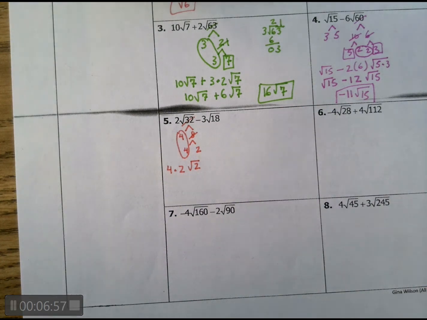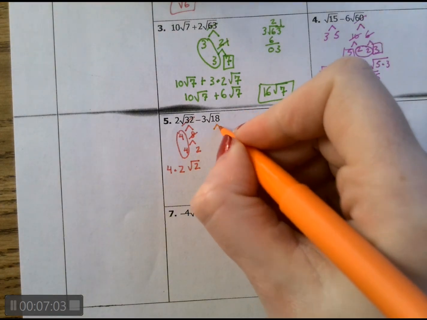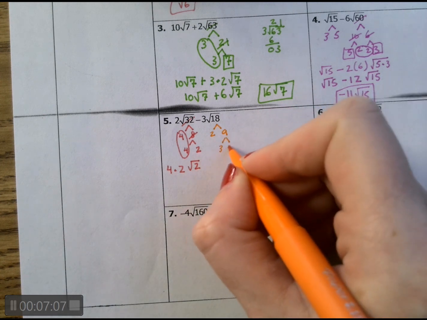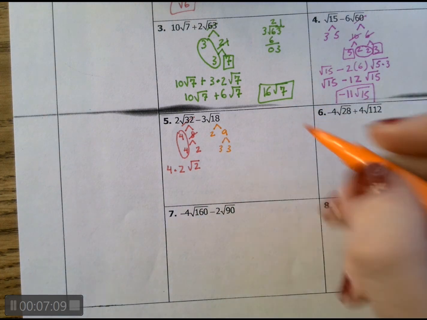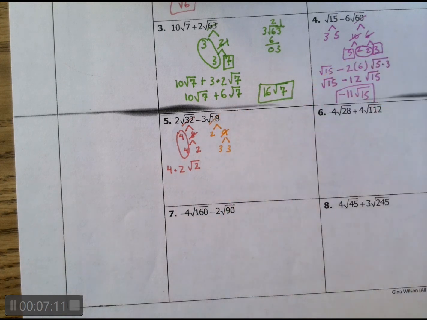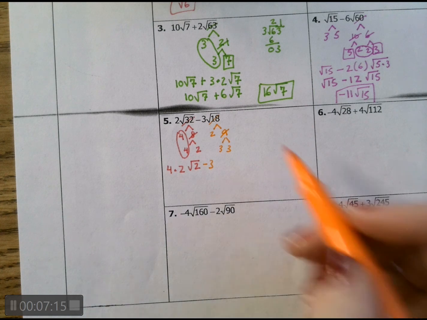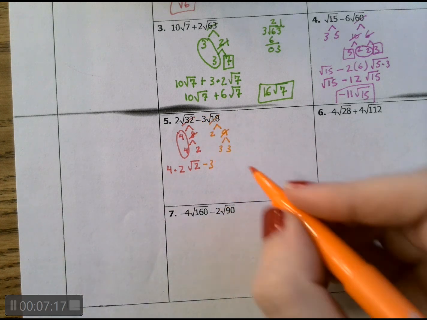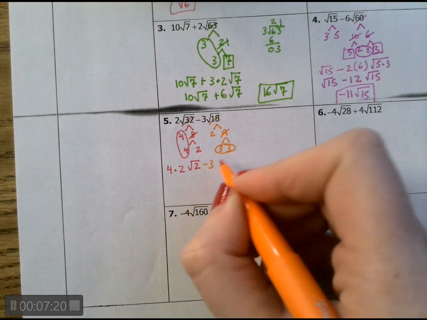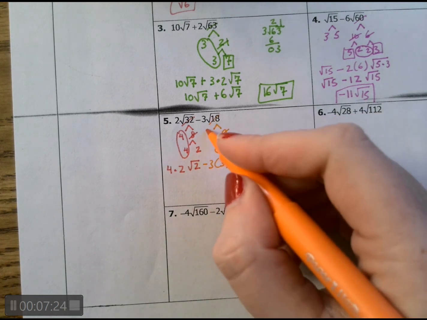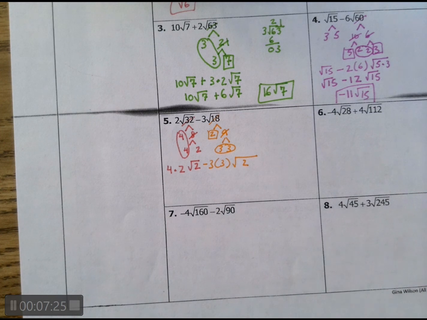Alright, I'll do a different color so we're not getting too confused. Factors of 18, do 2 and 9, and then 3 and 3. Okay, we use the 9, we use the 18. So we have minus 3, and that was our original. And then we have a pair of 3's, and then square root 2.